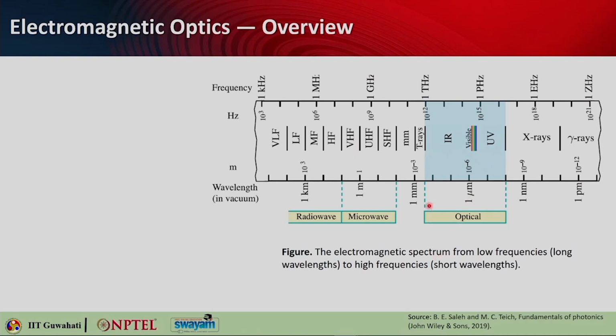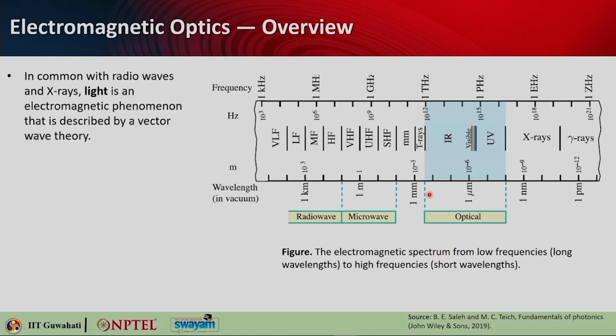So this is the optical wavelength range that we talk about, starting from say 10 nanometers to a fraction of a millimeter. That will correspond to the infrared boundary, so you can say several micrometers, hundreds of micrometers.